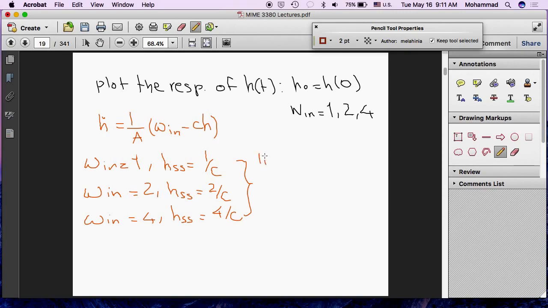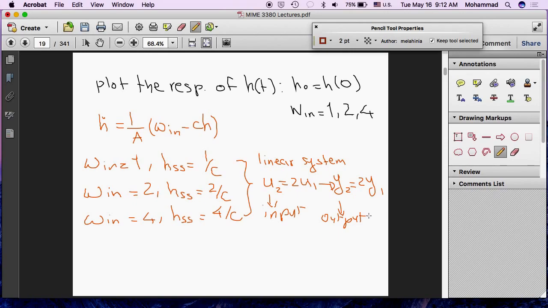This is a linear system, which means when u as input becomes twice as u1, the conclusion is y becomes twice as y1, where u is input and y is output. Clear what we are saying here? That's a property of linear systems. So you double the input, the steady state response will double.